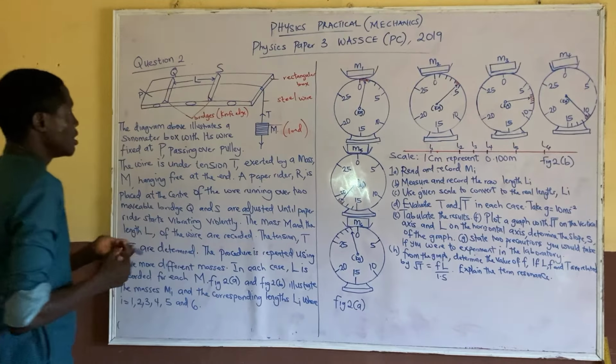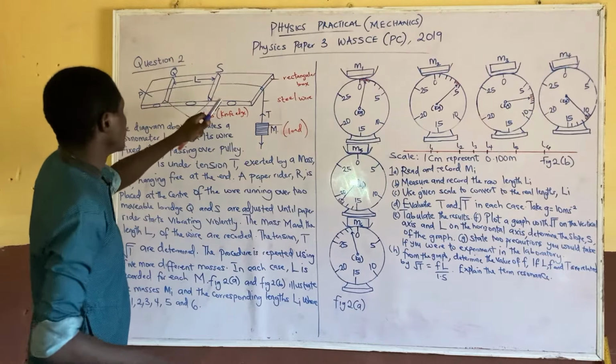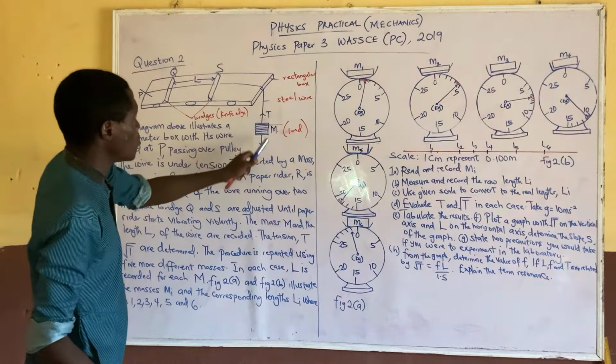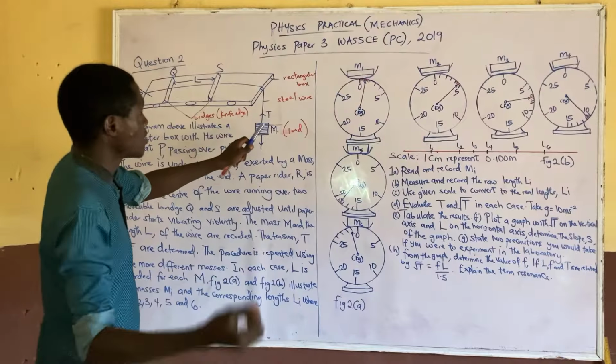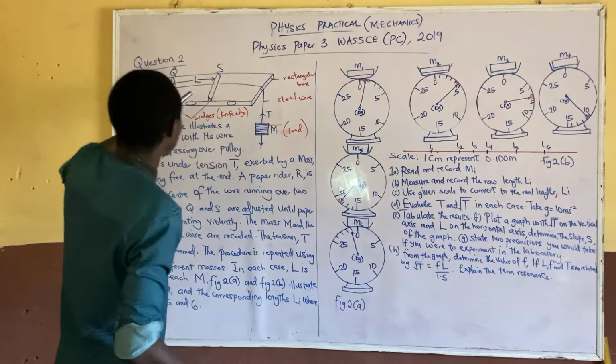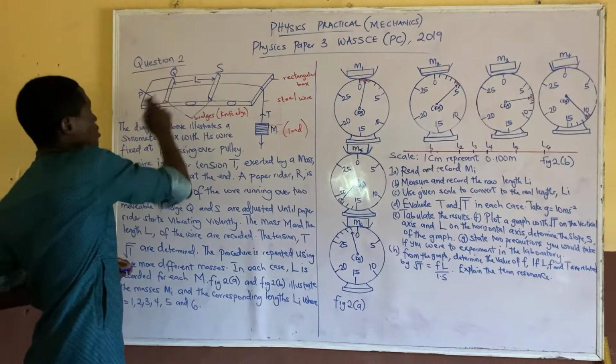So in a real practical, this is made up of a rectangular box, then 2 bridges, which are the knife edges, and the load, which is the masses. Also there will be a meter rule used to measure the length.